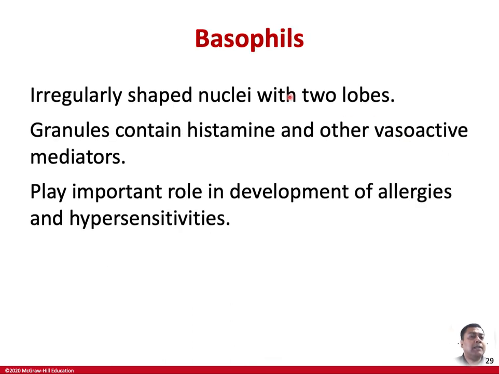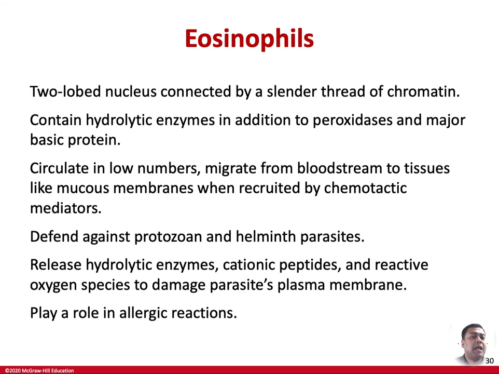So let's take a look at the basophil, irregularly shaped nuclei with usually 2 lobes. And the granules contain histamine, just like the mast cells, and other vasoactive mediators, which almost always increase the diameter of the capillaries or the blood vessels, increasing the blood flow, which causes inflammation. And also they're responsible for allergies and hypersensitivities.